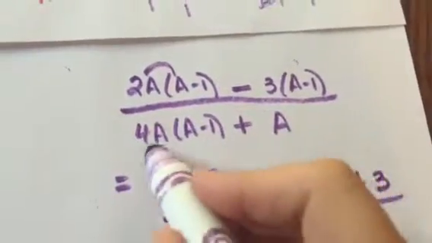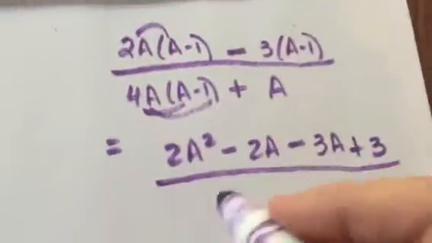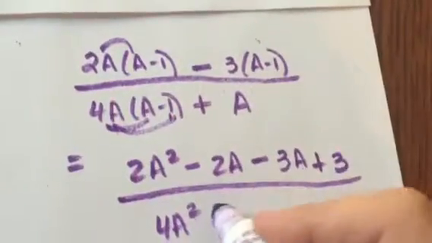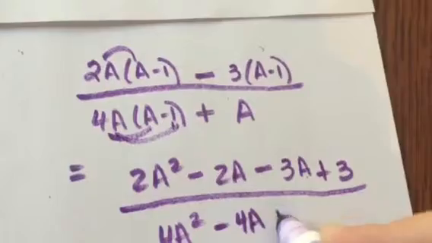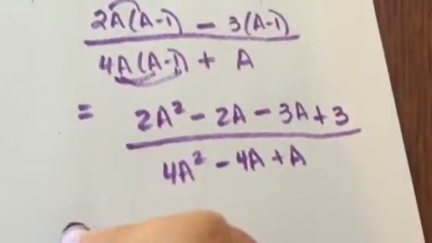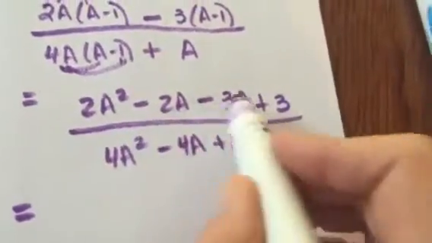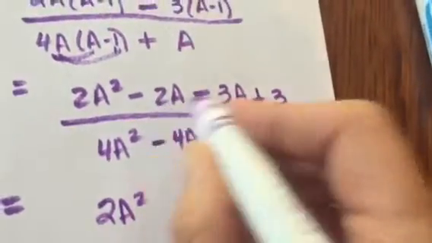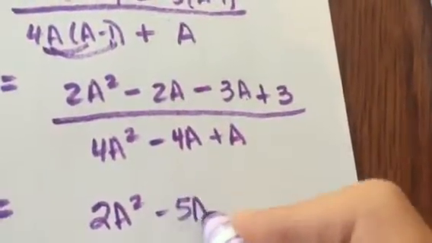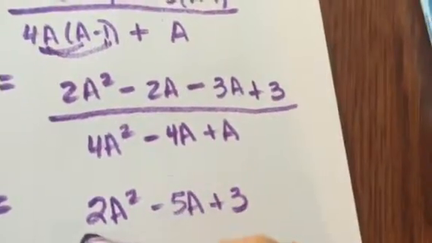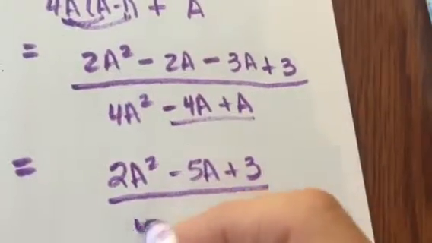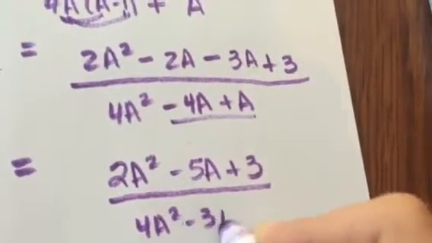All over, multiply this in, 4a times a, 4a squared. 4a times negative 1, negative 4a plus a. If there's any like terms in the numerator, go ahead and put them together. I'm going to have 2a squared. Well, negative 2a minus 3a is negative 5a. All over, negative 4a plus a is what? Negative 3a.